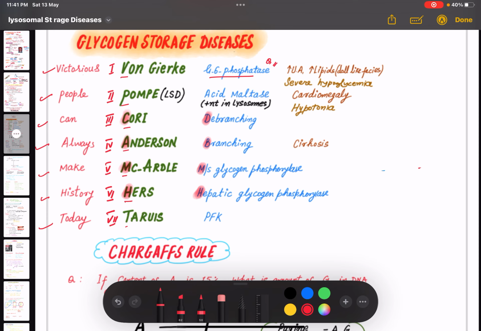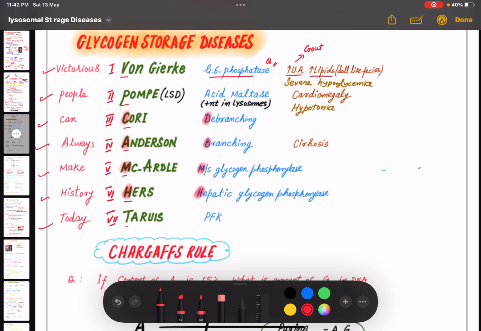For von Gierke's disease, I want you to remember some important points. The patient will be having gout, that is hyperuricemia. And the patient will be having hyperlipidemia due to increased lipids.